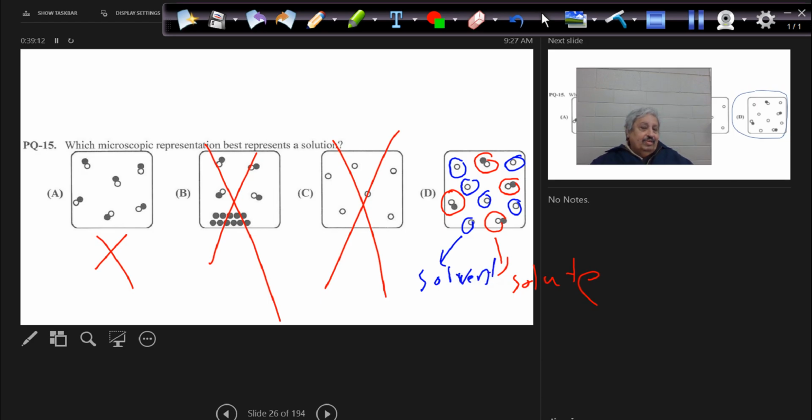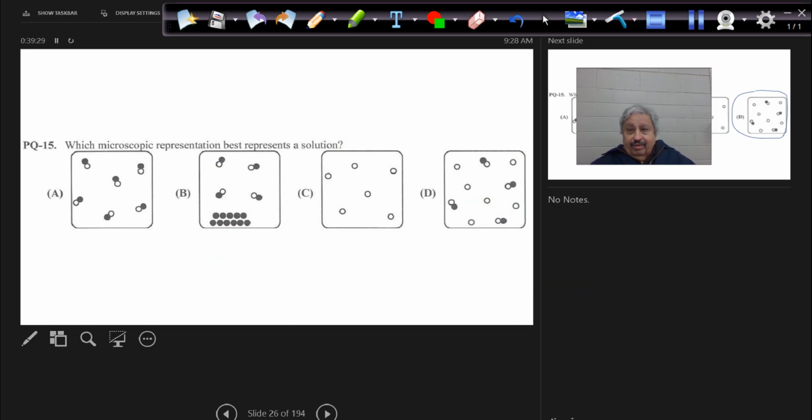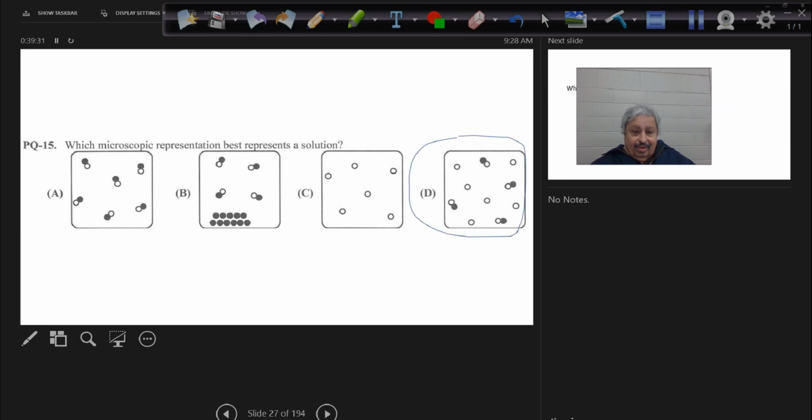Okay, guys? So the answer is D. Make sense? Okay, so you have to have two items inside the solution. A solution is a homogeneous mixture, by the way. So, okay, answer circled, correct.